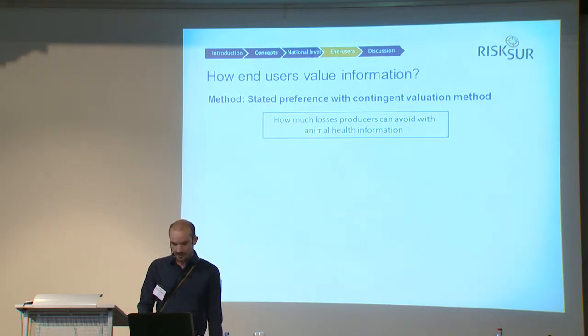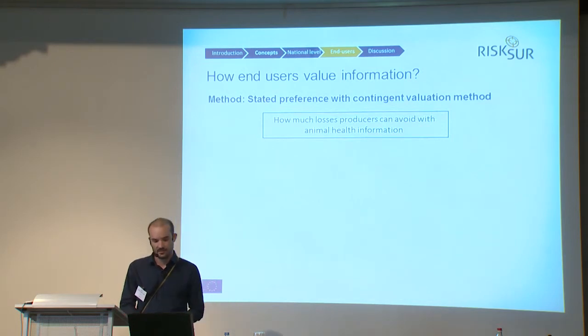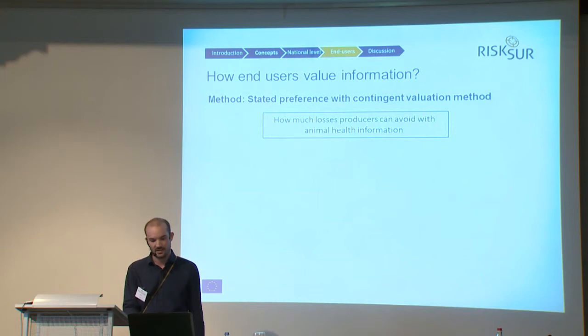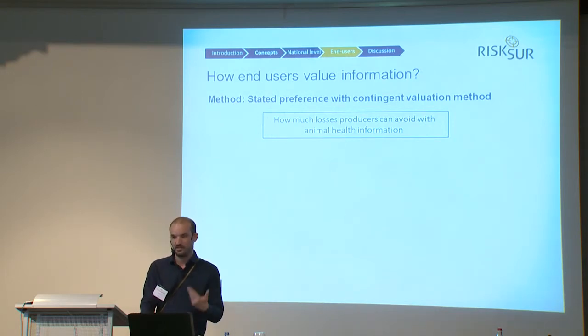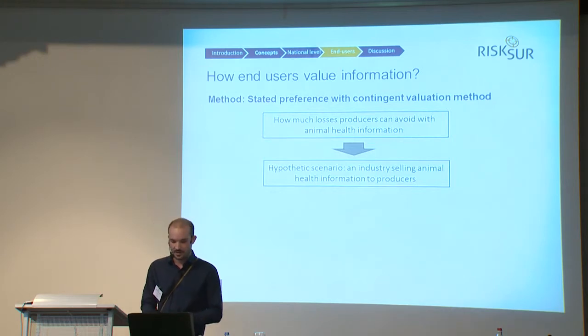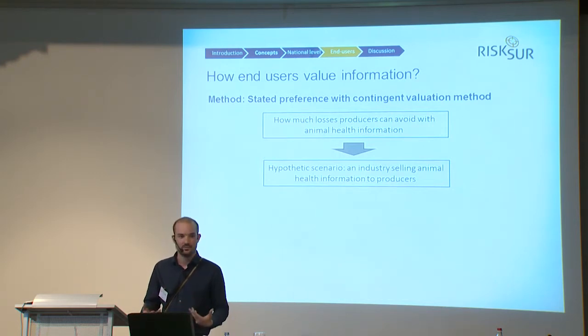The first step in this tool was to ask, because we targeted producers, how much losses producers could avoid using animal health information. We made the interviewee reflect about this question first. Then we built a hypothetical scenario where an imaginary industry would sell animal health information to producers. So only information.